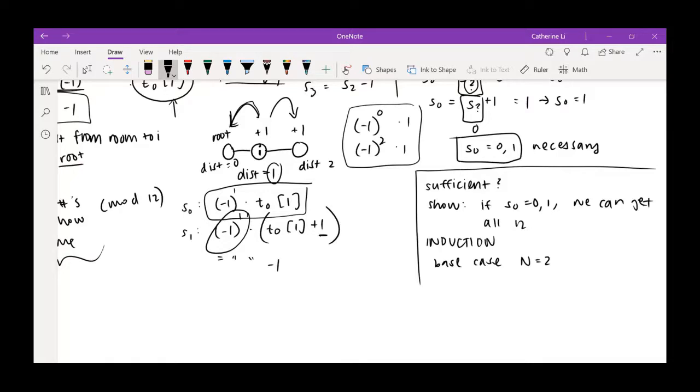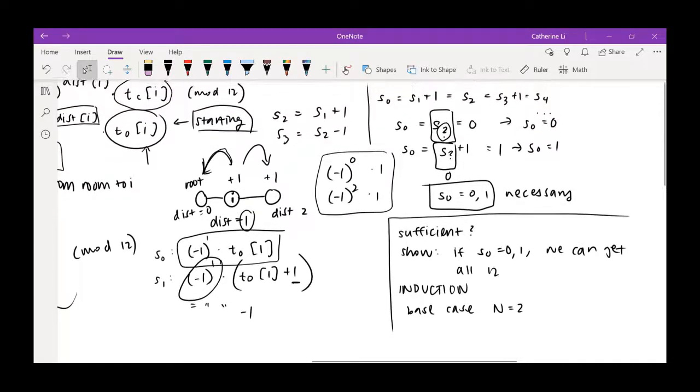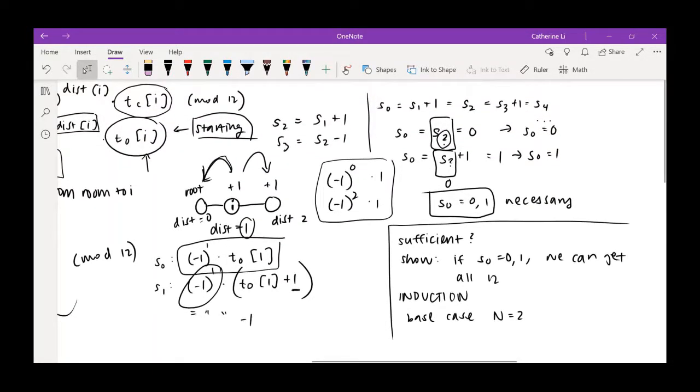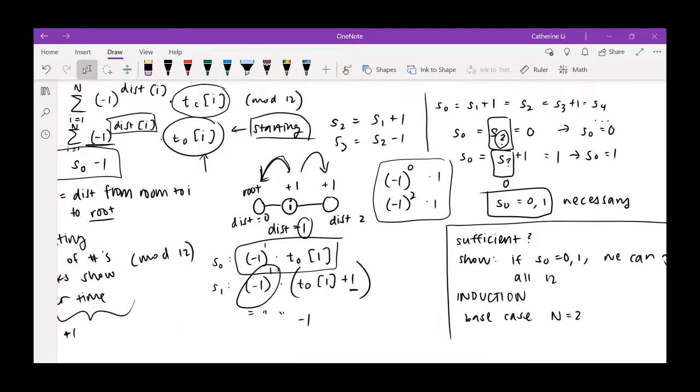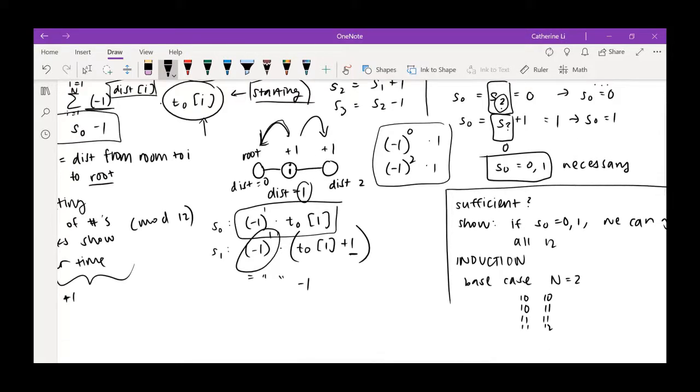But we can check that if N is equal to 2, then we either have 2 nodes that are the same or 2 nodes that differ by 1. So like 10, 10 becomes 10, 11, 11, 11, 11, 12, 12, 12.